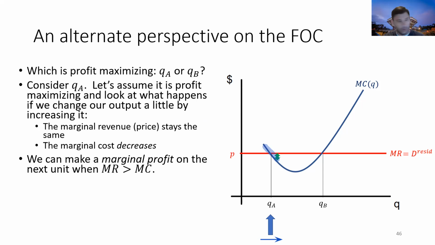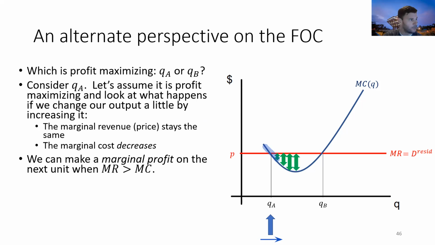In fact, do I want to stop at QA or should I go farther? Should we keep walking? If I go a little farther, the cost goes down even more. Is that right? So the next unit, we get some more marginal profit that we add to our bank account. Then we get even more marginal profit that we add to our bank account.